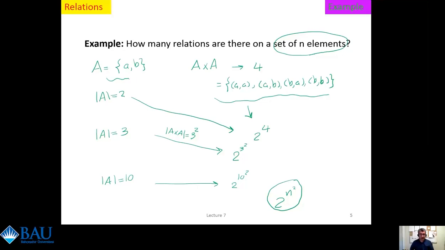So if you have one set which has n elements, how many different relations can we define on that set? This is the answer: 2 to the power n square. Let me erase it.